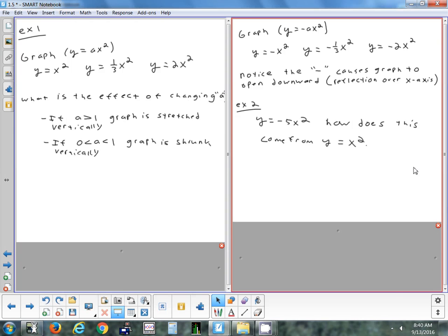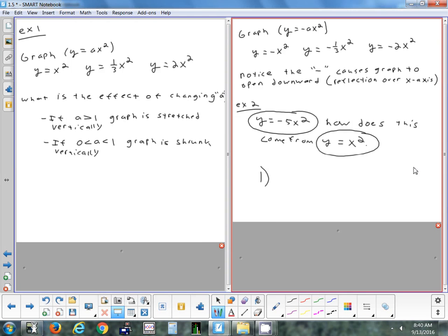All right, so can somebody tell me how this graph comes from this graph? There's actually two things happening. The 5 is going to do something, and then the negative is going to do something. Okay, let's start with the 5. What is the 5 going to do to the graph of x squared?